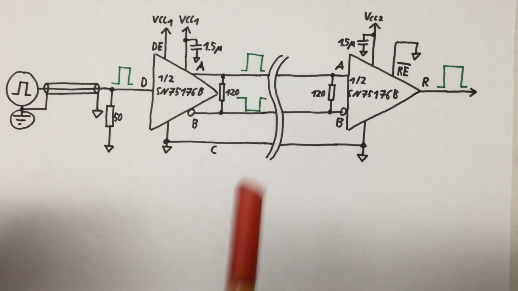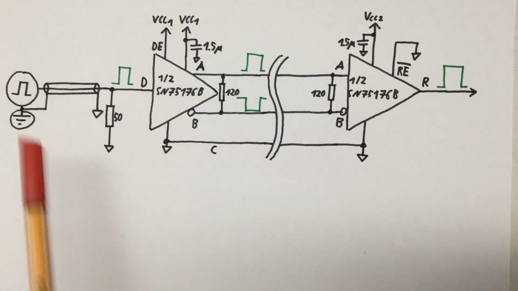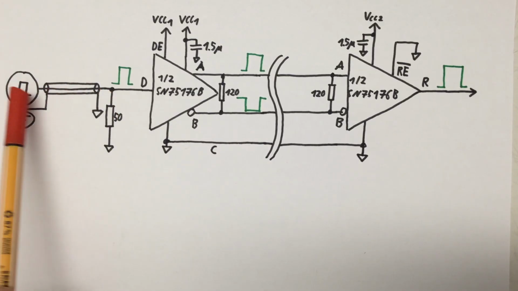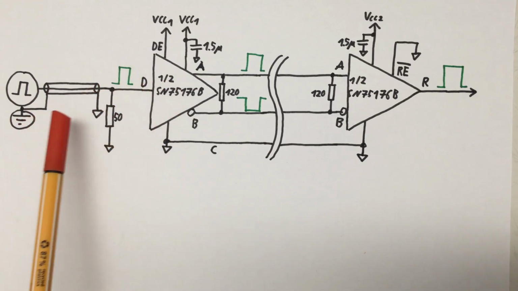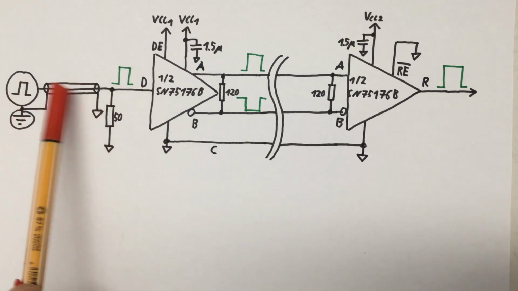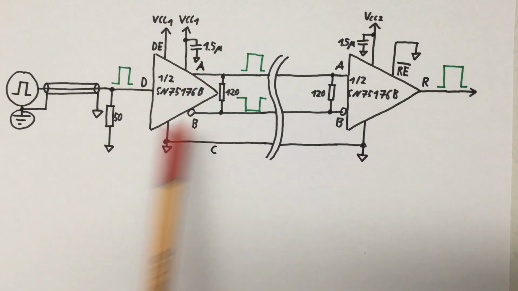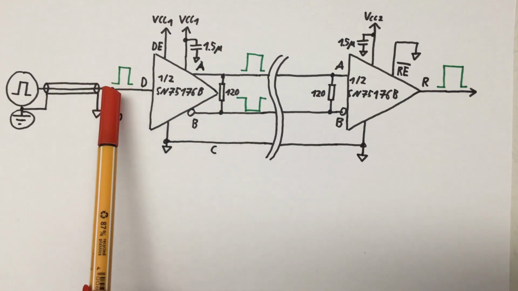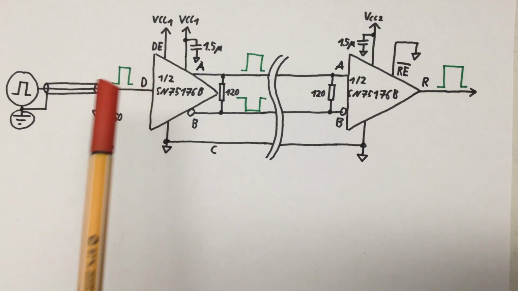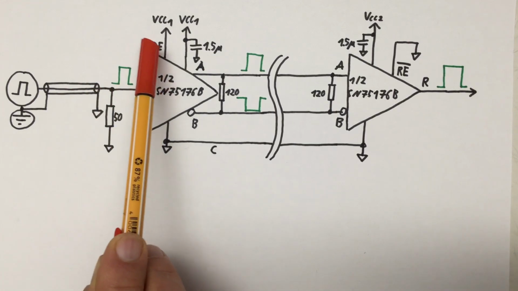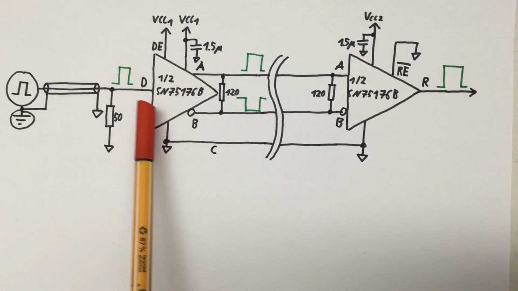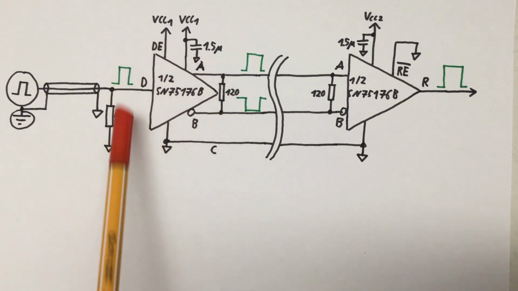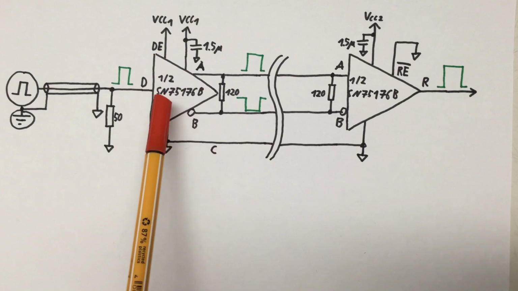Here's a schematic of what I have currently on my bench. That's the signal generator generating that 1 MHz single-ended square wave signal that's fed via a coax cable to our first breadboard, where it's terminated by a 50 ohm resistor. And that signal is fed into the D for data pin of our first SN75176B, where we only use the transmitter part.